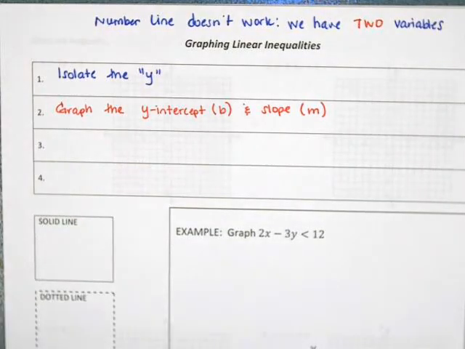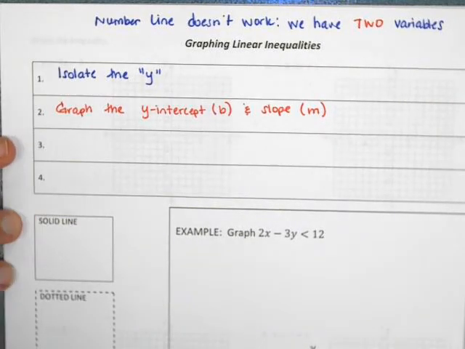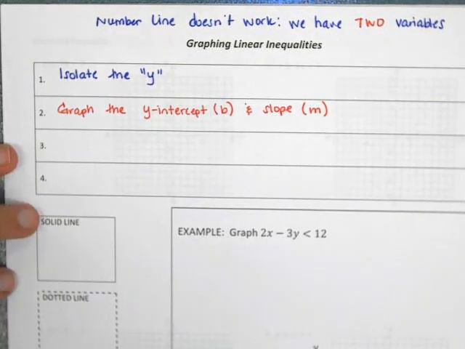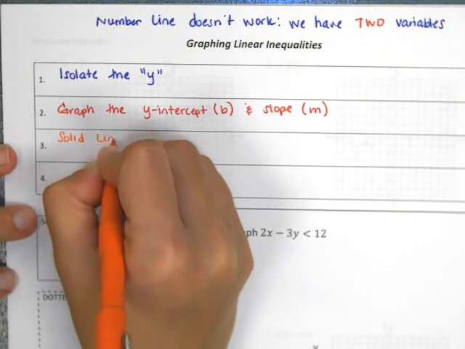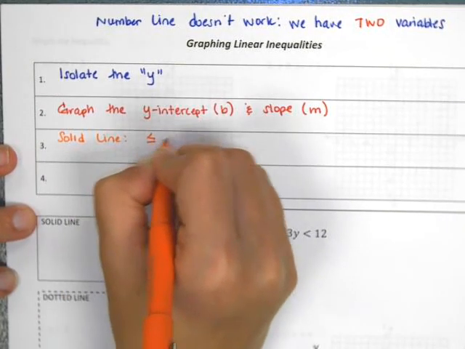Only in these problems, we're not always just going to connect the dots. Sometimes we're going to use a solid line, and sometimes we're going to use something called a dotted line. So, we use a solid line when there's an equal to symbol.